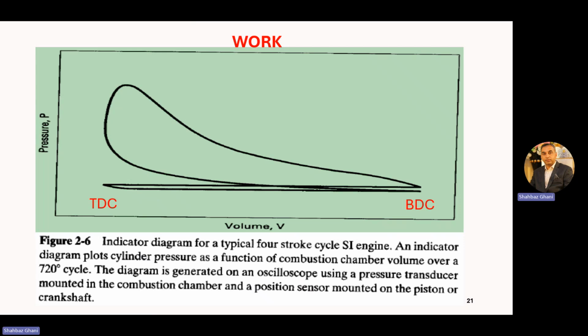I will explain this to you. The diagram is generated on an oscilloscope using a pressure transducer mounted in the combustion chamber and a piston sensor mounted on the piston or crankshaft. Now on the x-axis, we have the volume, and on the y-axis, we have the pressure.